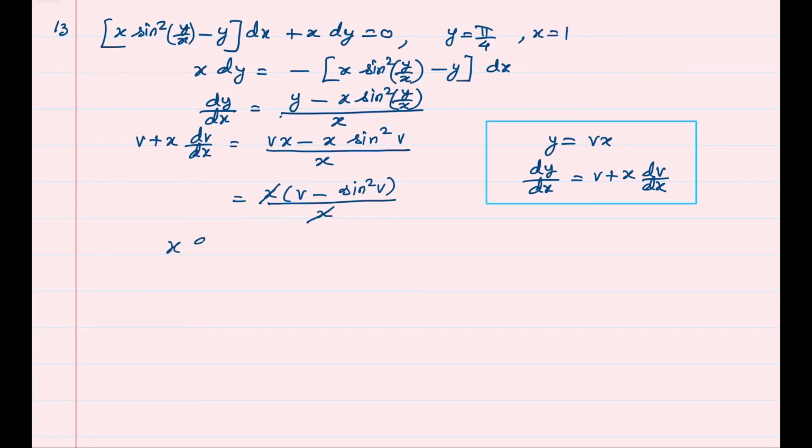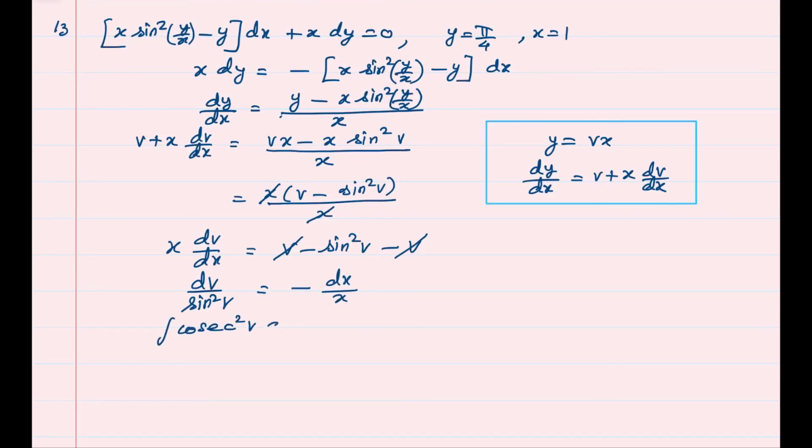Therefore, x times dv by dx is v minus sine square v minus v. We will separate the variables. dv divided by sine square v is minus dx upon x. Integral cosecant square v dv is minus integral dx divided by x.